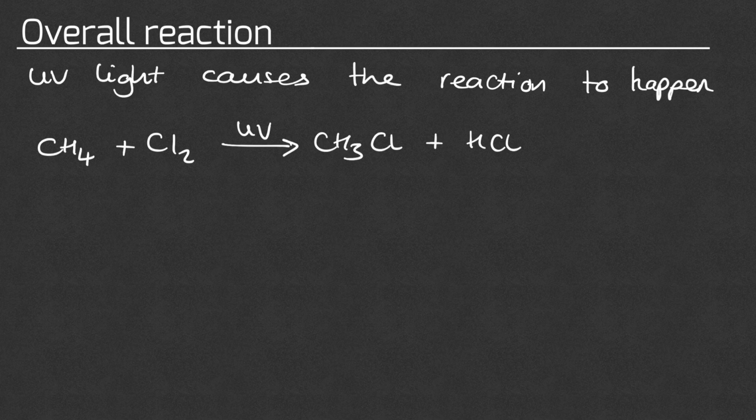This is a generic process, it's a process that you can learn, so this will always be the general overall equation process. The alkane, or the hydrocarbon, will react with a molecule of halogen with UV above the arrow. We will substitute one of the hydrogens for one of the halogen atoms, and the remaining hydrogen will then be bonded to the other halogen atom.